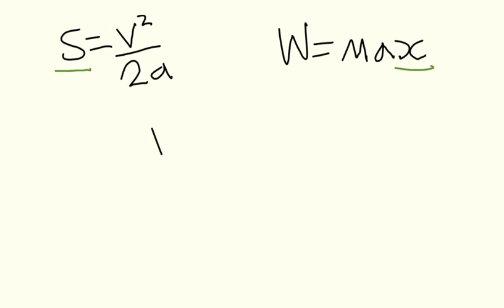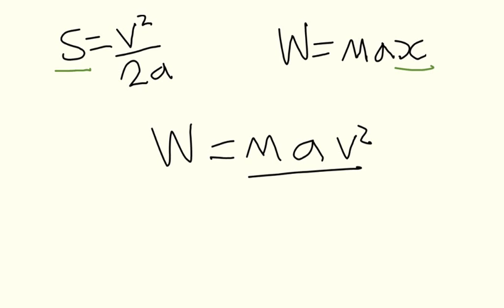We're going to say that W equals m times a times v squared divided by 2a. Of course, we can just get rid of those a's, they cancel, and as you can see we're left with half mv squared. So as long as we say that all that work done becomes that kinetic energy, we have our final answer, don't we?